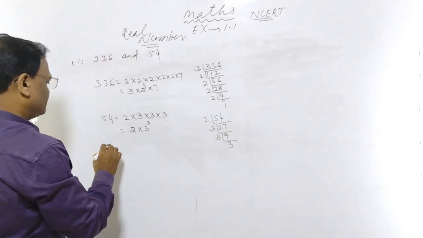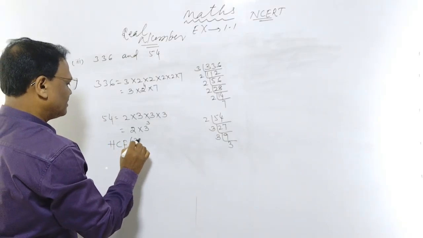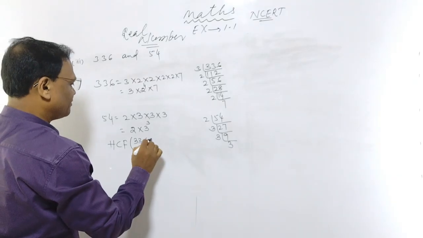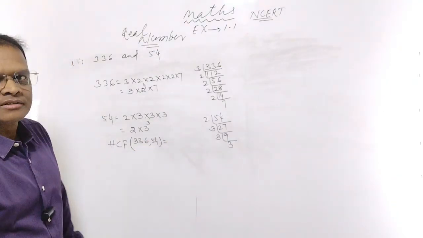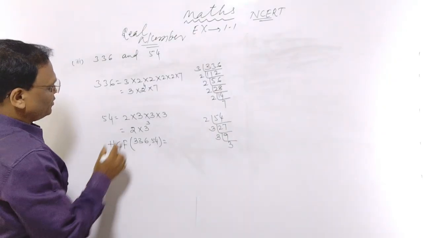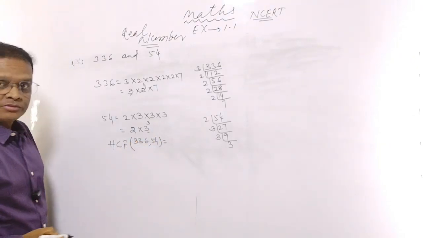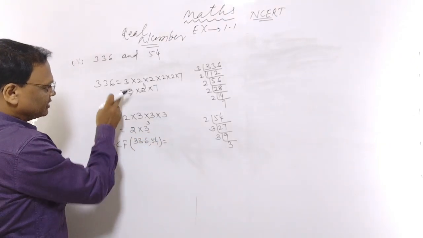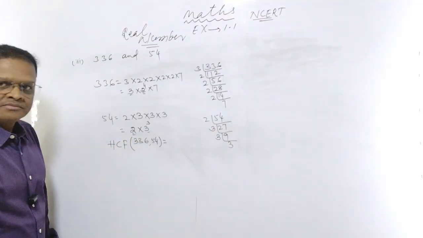Now the HCF of 336 and 54, the highest common factor. First you pick out the common ones. Which is common? 3 is common. 3 is here as well as here. 2 is here, 2 is here also.